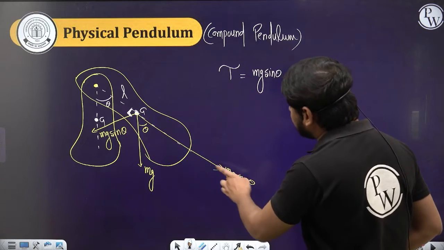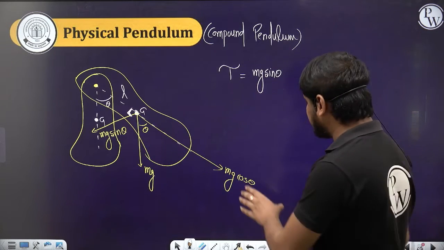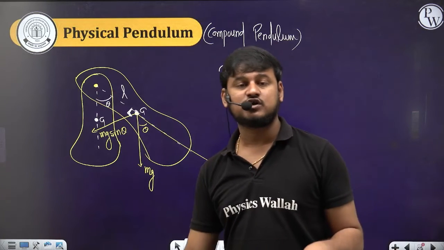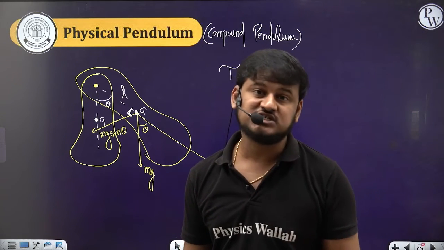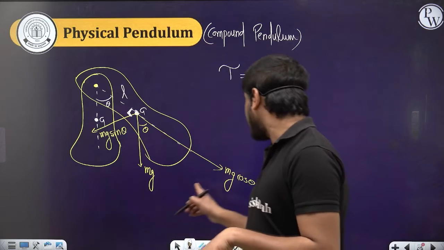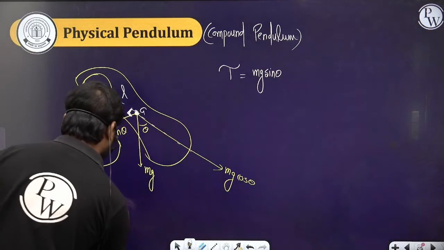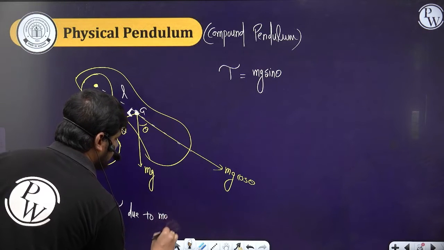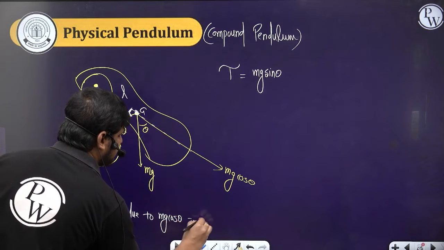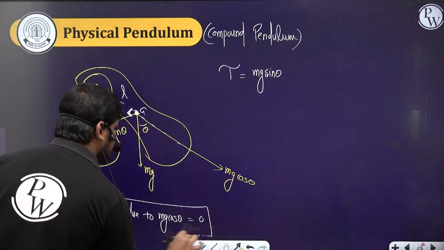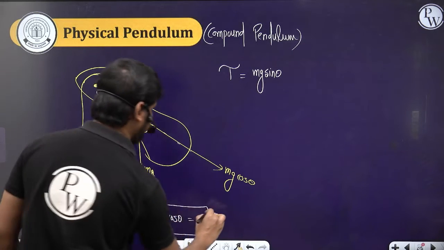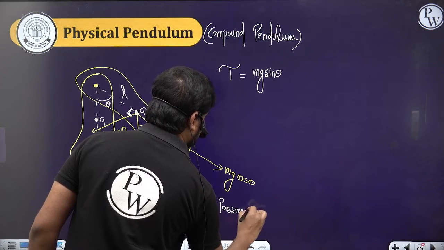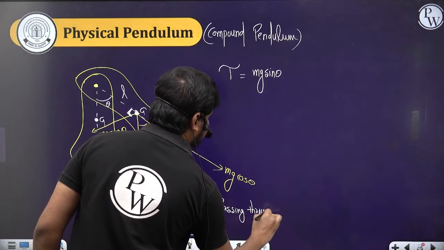Mg cos theta is along the axis of rotation. If any force is along the axis of rotation, the torque due to that force is 0. You already know, right? The torque due to mg cos theta is 0, because it is passing through the axis of rotation.